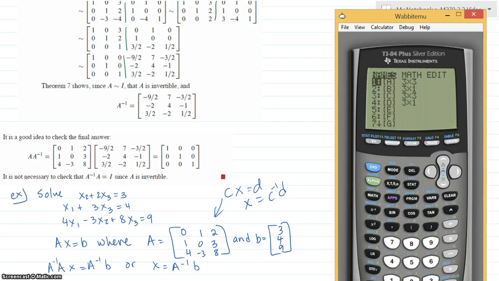I'm going to press 3, do my inverse, and multiply that by second matrix, the D, which is number 4. And see if we can get an answer. 1, 1, 1. I made it simple so we could check it. If you plug in ones here, you do get a 3, 4, and 9. It does work.